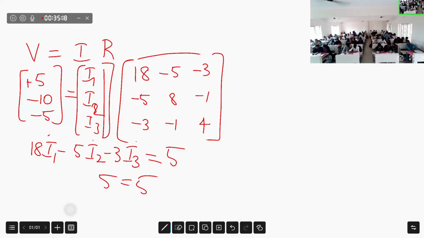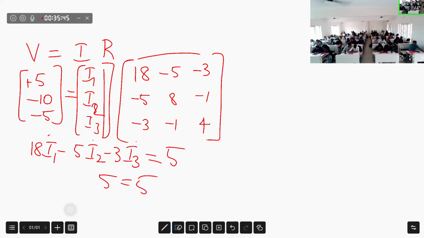So try to solve this circuit on your own. Find the values of I1, I2, I3. So how many meshes are here? 3.